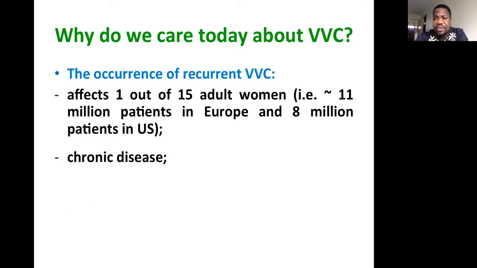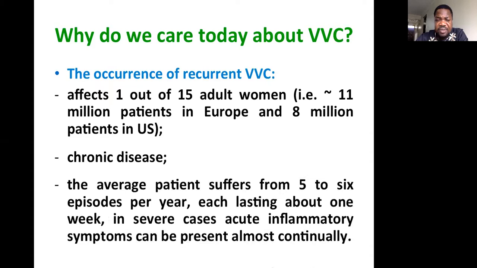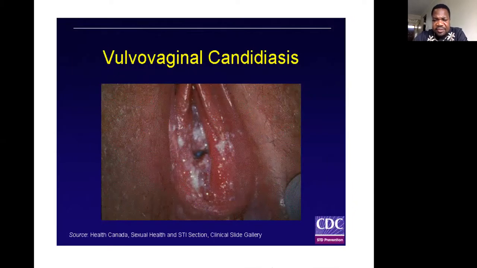It is costly to manage, so it becomes a serious infection. The average patient suffers from 5 to 6 episodes per year, each lasting about 1 week. In severe cases, there are acute inflammatory symptoms. It really affects the relationship between partners, so it's a serious condition.